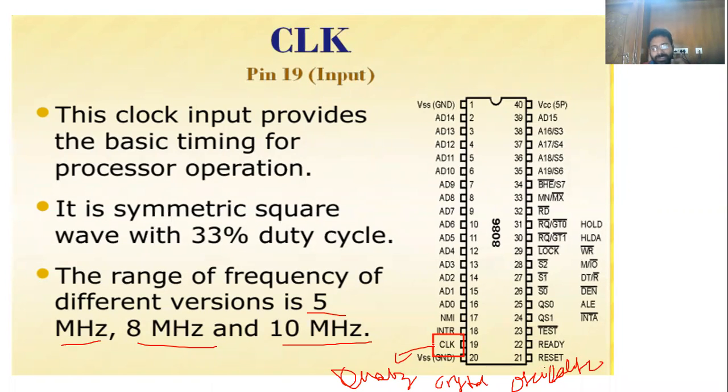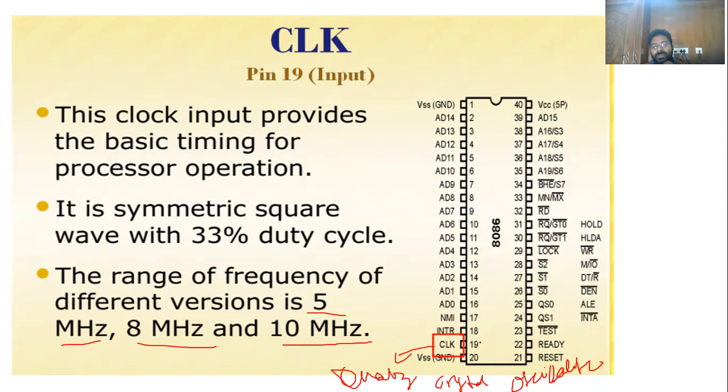This is available outside of the microprocessor. Remember, it is not available inside the 8086 CPU. The quartz crystal oscillator is on the outer side, and its input is given to the clock pin, the 19th pin.